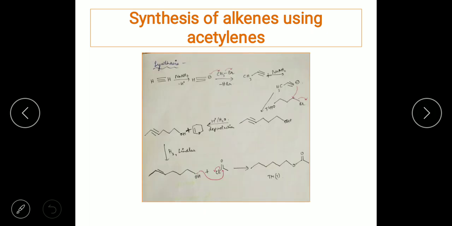Again, the first step would be acetylene reacting with NaNH2, sodamide, wherein there is deprotonation of acetylene to give an anionic acetylene, and this would attack the carbon of the bromomethane, with elimination of HBr, giving an intermediate of this kind.